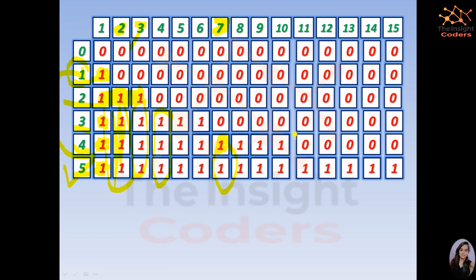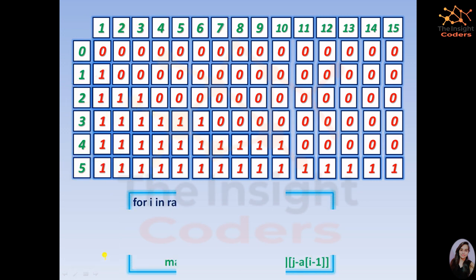So this is the logic why, if I get a 1 in any column, I place 1 below it in that column every time, because I can purchase that set of things by using those coins. This is the logic that we are going to use here.